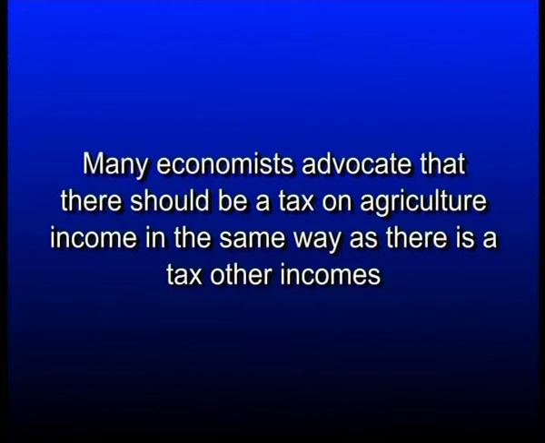Many economists advocate that there should be a tax on agriculture income in the same way as there is tax on other incomes. For this purpose, the local tax authorities can first draw up a list of main sources of income and wealth in an area, like crops, cattle, trading, transport, wages, salaries, etc. And then calculations can be made of the taxable capacity of the different types of incomes or income yielding assets.